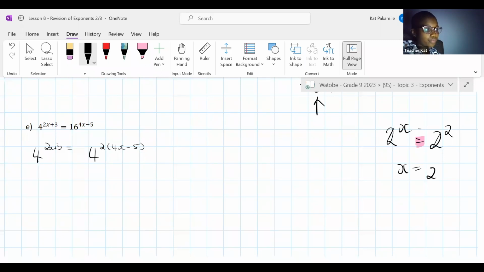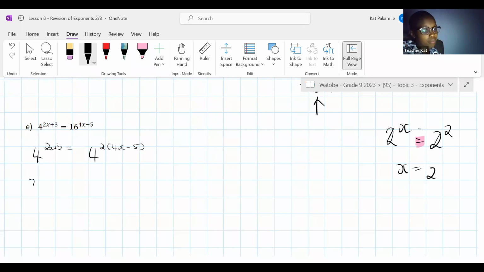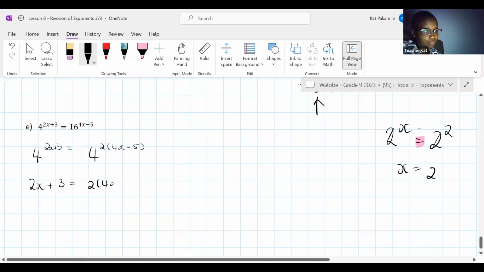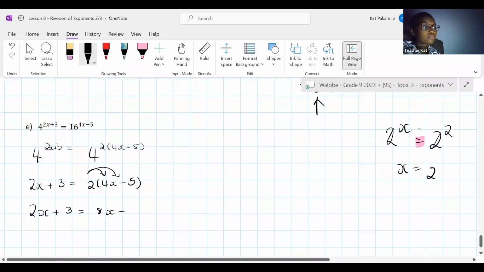And then, ma'am, since you have the same base, you're just going to carry on with your equation. So you're going to say 2x plus 3 equals 2 open bracket 4x minus 5. And then you're going to distribute the 2. So first you're going to say 2x plus 3 equals 8x minus 10. And then you're going to group your like terms together.